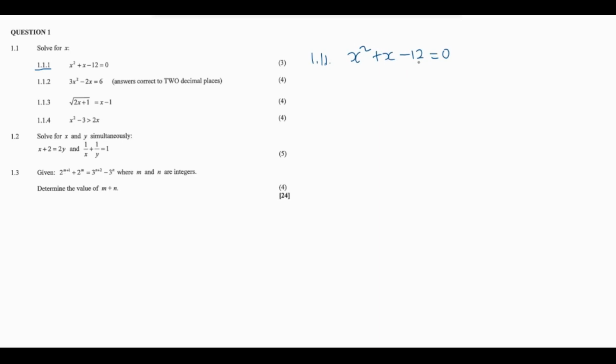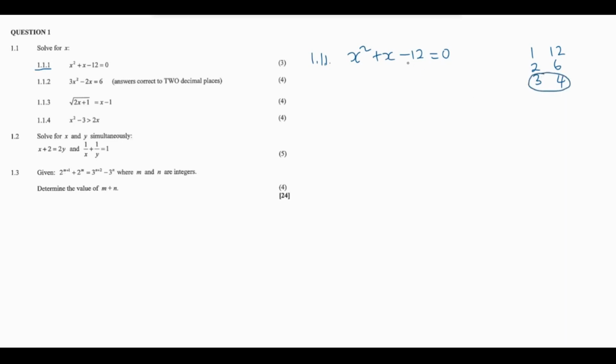We look for the factors of negative 12 that will give us positive 1, the coefficient of x, when we add them. Right. Let's look at the factors of 12. 1 will go with 12, 2 will go with 6, 3 will go with 4. So which factors can give us a 1 here? Right, it's these two.